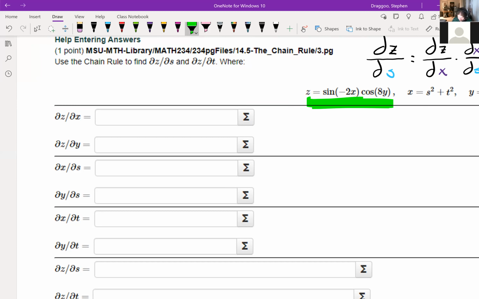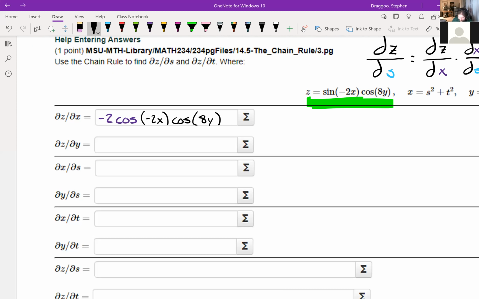And if I do that, the derivative of sine is going to be positive cosine times the derivative of 2x is going to bring a negative 2 out in front. So I've got negative 2 cosine of negative 2x times cosine of 8y.